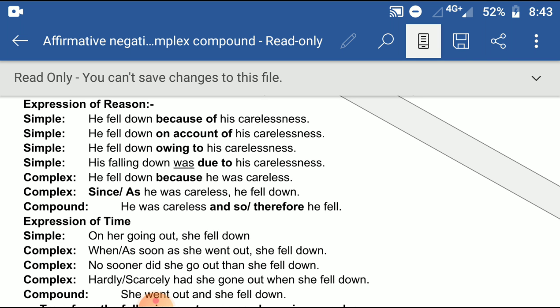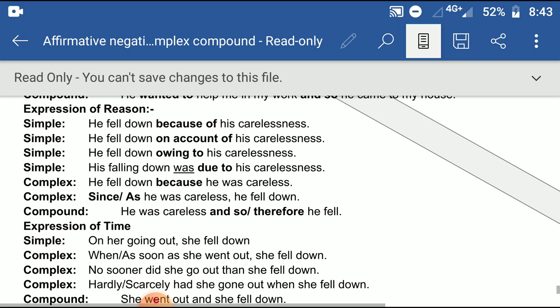Let us understand: these four sentences are simple sentences, but different phrase prepositions are used in them. In the first sentence it is because of, which also means on account of, which also means owing to, and the sentence structure in these three sentences is the same. Whereas in a sentence with due to, which also shows reason, the sentence structure changes.